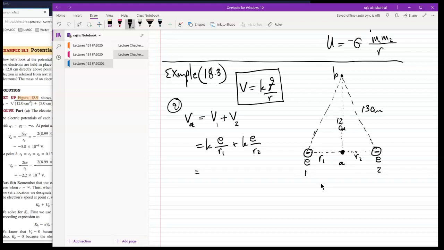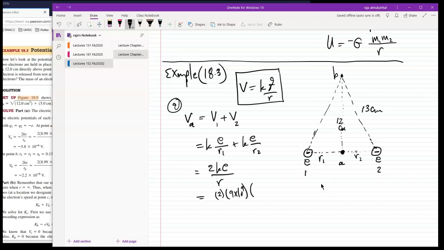Now we can put in our numbers. Everything is identical, you agree with me on that? R1 and R2 are also the same, so I can just say 2ke over R, where R means R1 or R2. Then we have 2 times 9 times 10 to the 9. What is e?